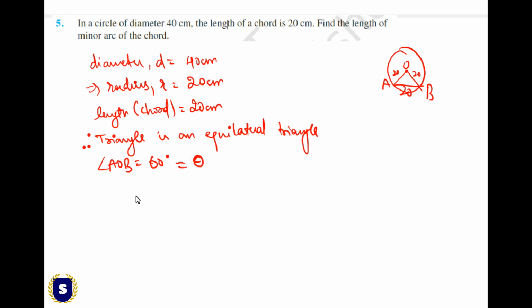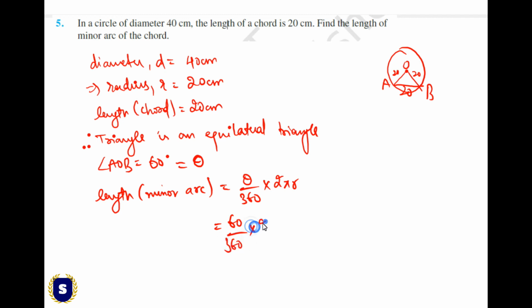Okay, now we can apply the same formula we have done in class 10th, that is length of minor arc is equal to theta by 360 into 2 pi r, that is 60 upon 360 into 2 pi into 20.